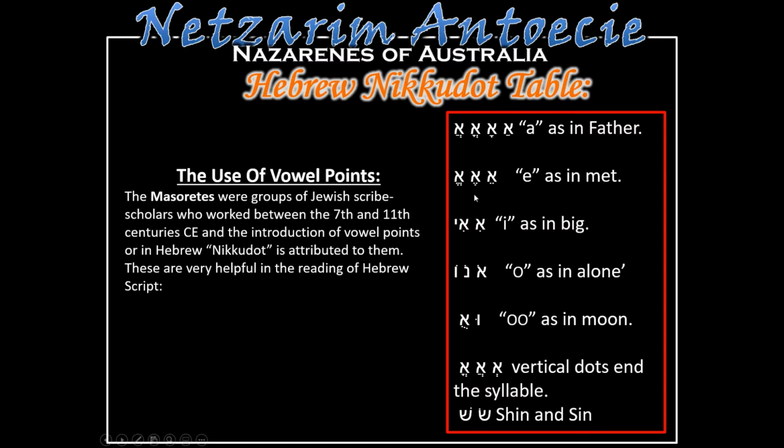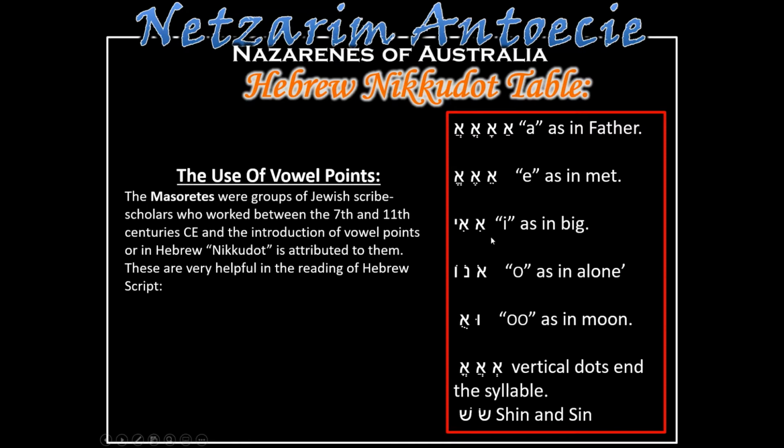And when we see 2 dots or 3 dots, we get more like an E sound, as in met. Of course, I am simplifying it, but just to make life easier, and as we go along, you'll understand why.